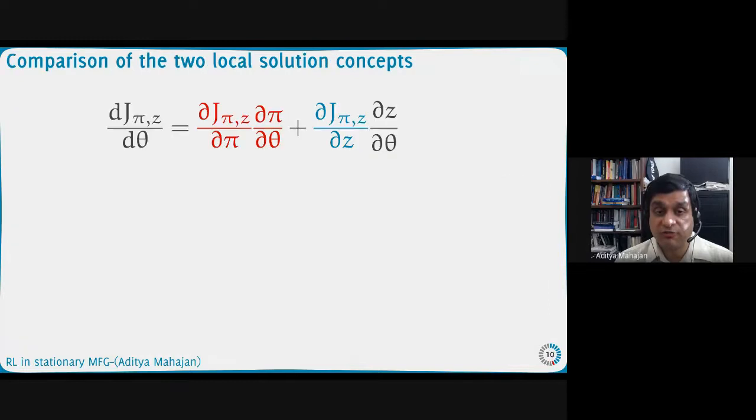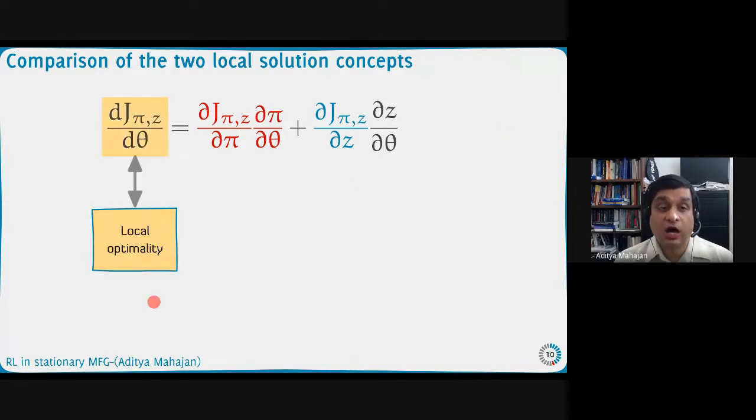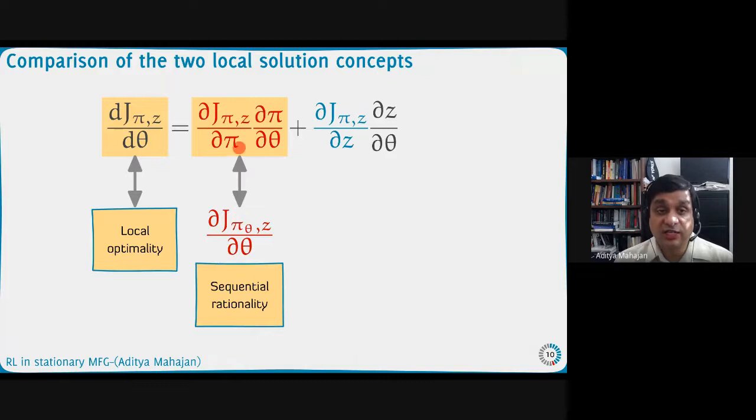These two concepts are different, and let me just explain what the difference is. So recall that the full derivative of a function of two variables could be split according to the chain rule. The first term is what we want to be equal to 0 for sequential rationality, which is just the first part of this total derivative.